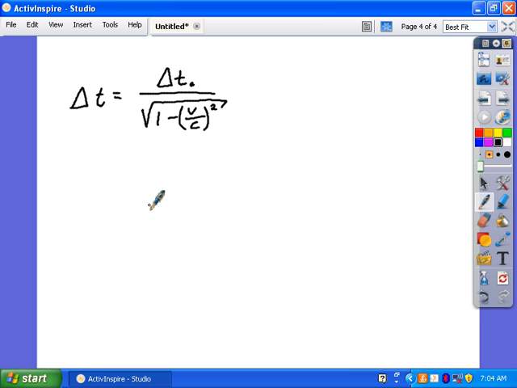Now this is assuming you know exactly what the original time was, and you're trying to stretch it to a different inertial reference point. Okay?